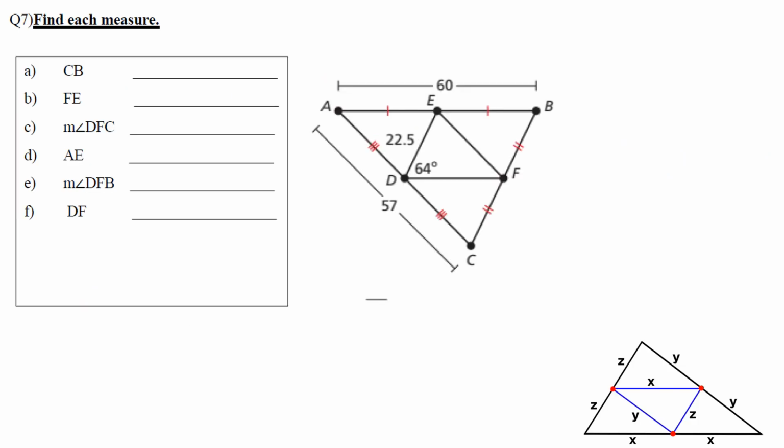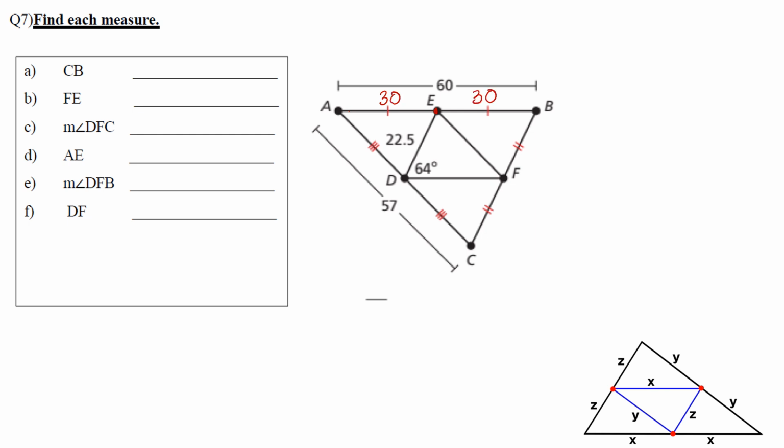In order to solve this question, to answer the measures of these questions, just try a few things and understand a few things. Look at the AE, AB, okay? So E is the midpoint of AB, which means that E is cutting the AB into two equal parts. So if the whole AB is 60, so this is 30 and this is 30.